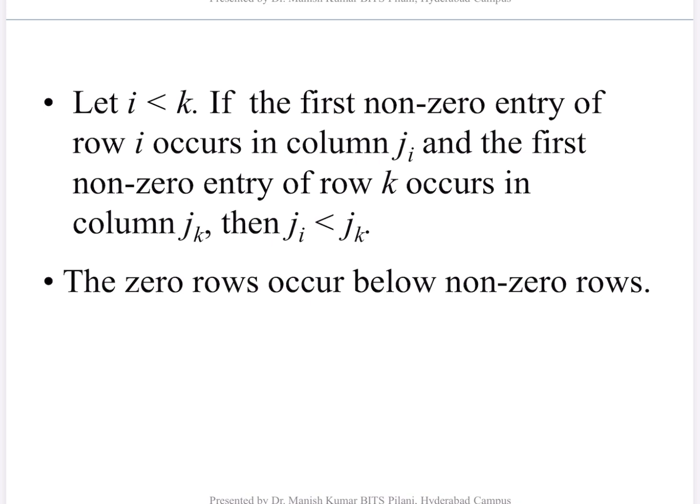Like for example, you take first row first column and look at it, that entry is to be 0 or not. If non-zero, then we are fine, we will make it to be 1 using elementary row operation, and then we switch to the next column and lower row, and in a similar manner like that, right? The 0 rows occur below non-zero rows. This is always we keep in our mind.